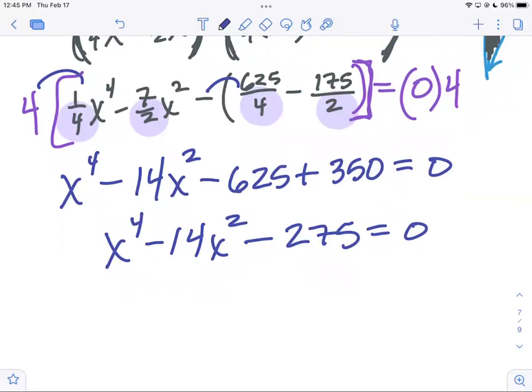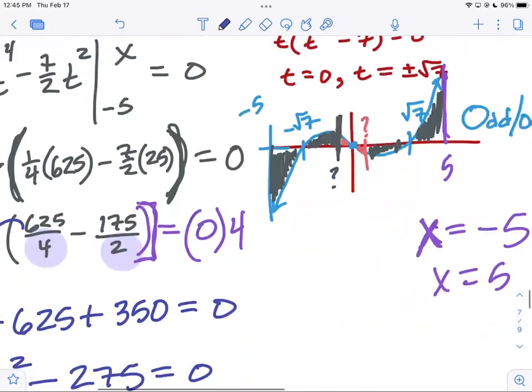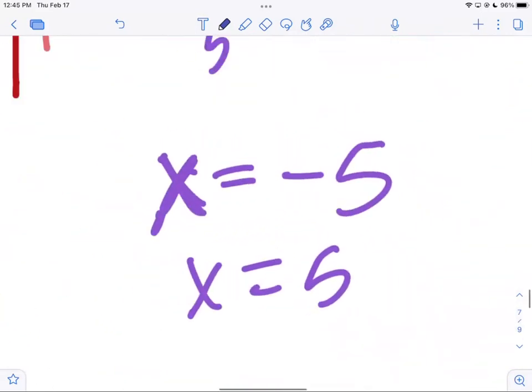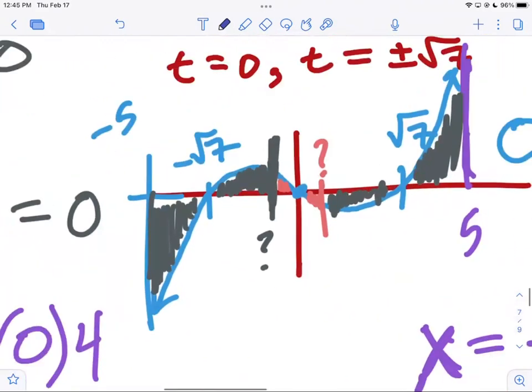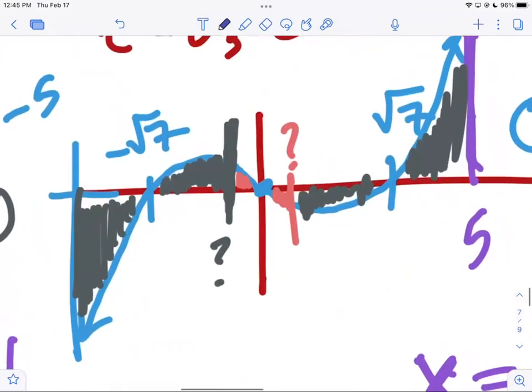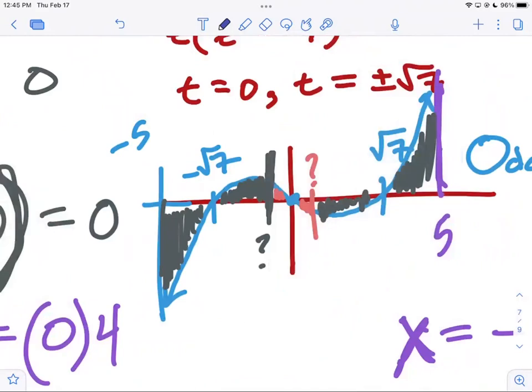All right. Now, hey, look, all this hard work gets us down to here. Look, this is a 4th degree polynomial. It can have up to how many solutions? 4. We already know 2 of them, don't we? And we said that there could be possibly how many more on the interior? 2 more, possibly.